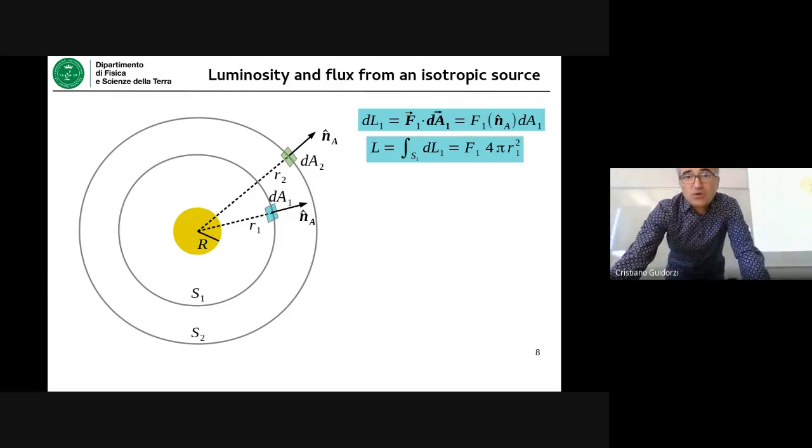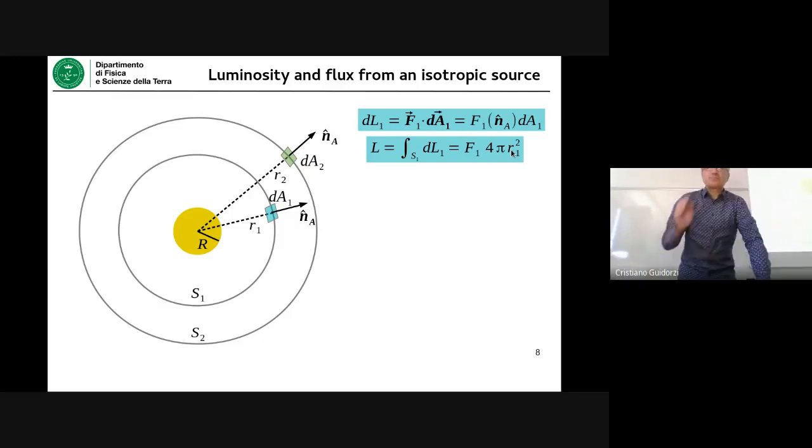So the integral over S1 is just 4 pi R1 squared, okay? Surface of the sphere. You might have noted that the result of the integral, which is a total luminosity, I didn't call L1, I just called L, for a reason that I'm going to comment on in a moment.